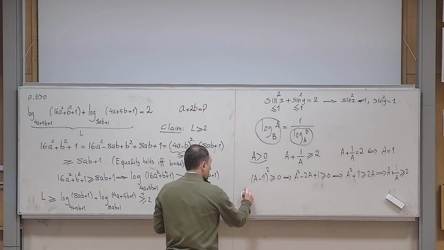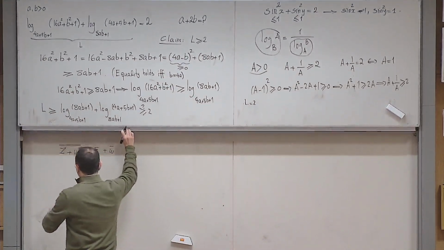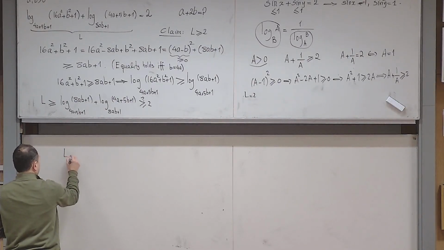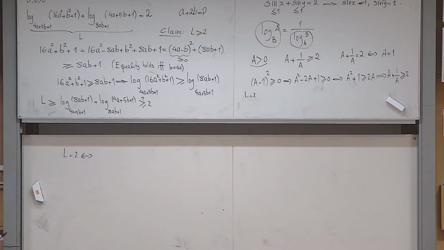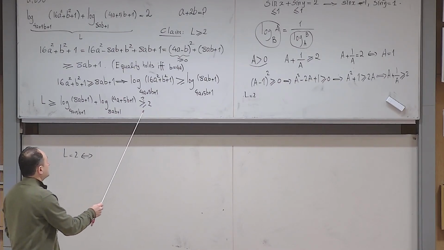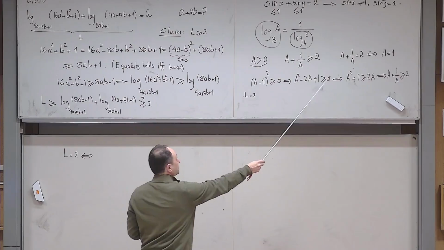So L becomes 2 if and only if this equality holds, which means that your number involved with its reciprocal should be 1.